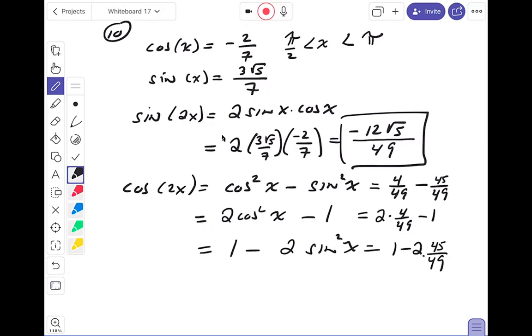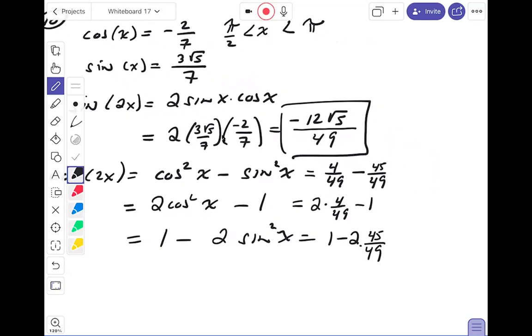All right, push on the side and do this. This is minus 41 over 49. This is going to be 8 49ths minus 49 49ths. Well, gee, that's also minus 41 49ths. No kidding. It should be.